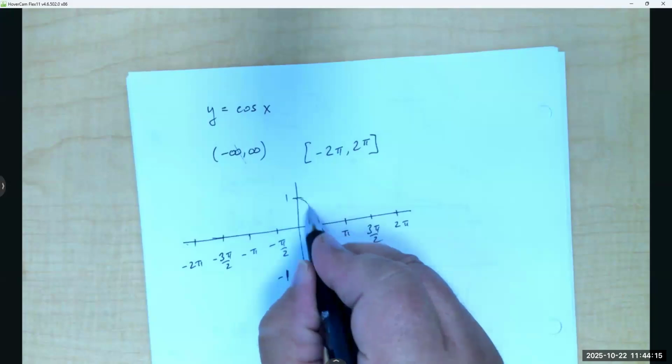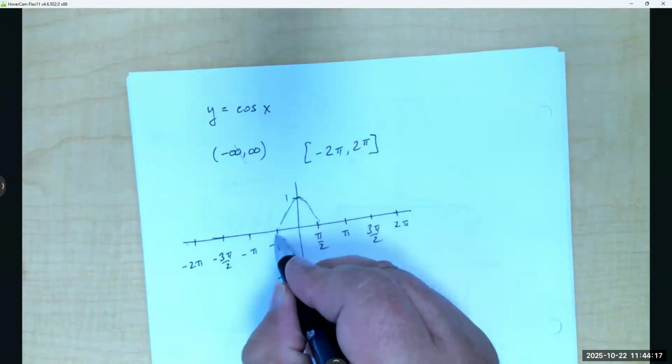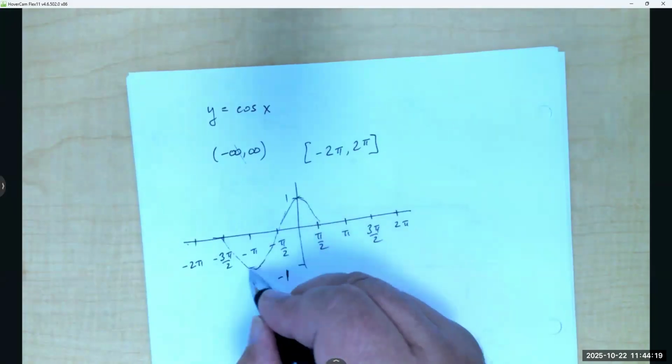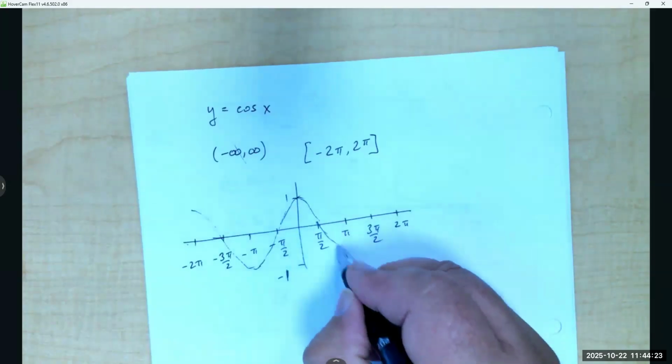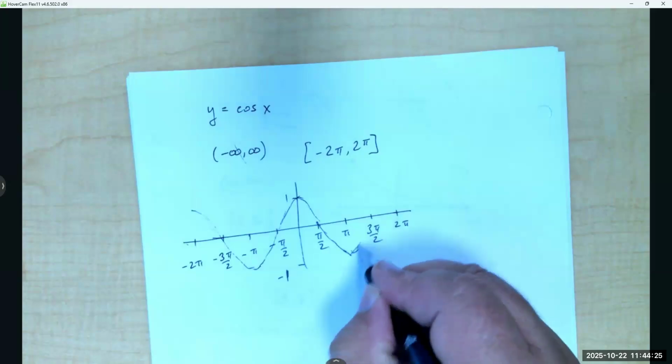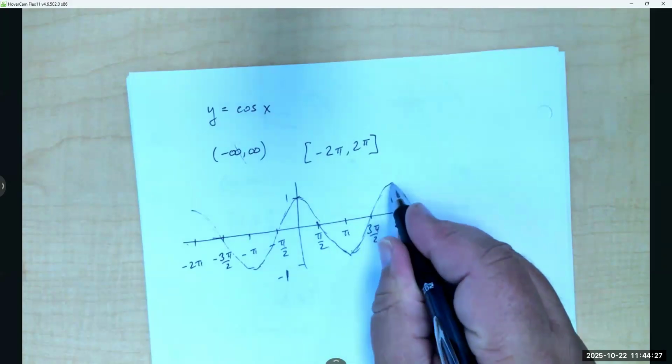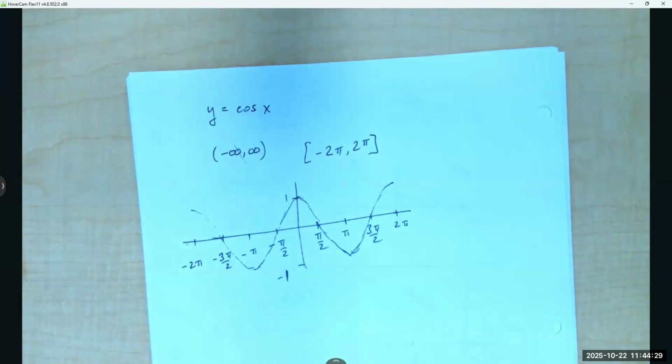So cosine looks like this. So now does it have an absolute value?